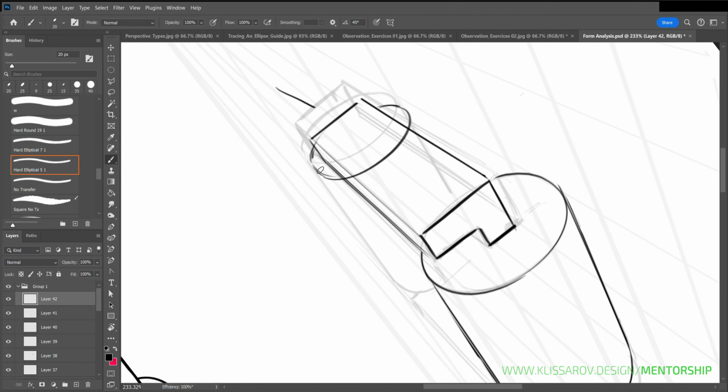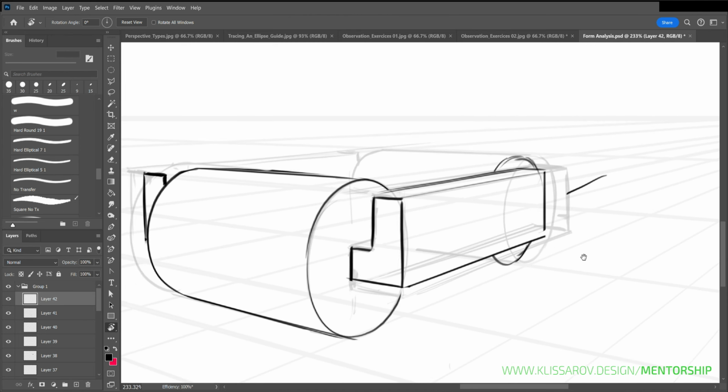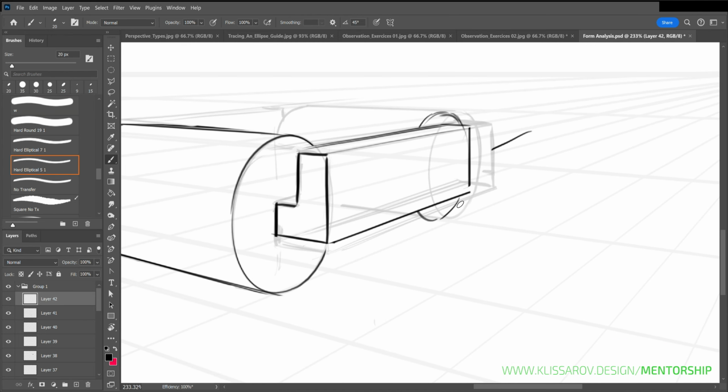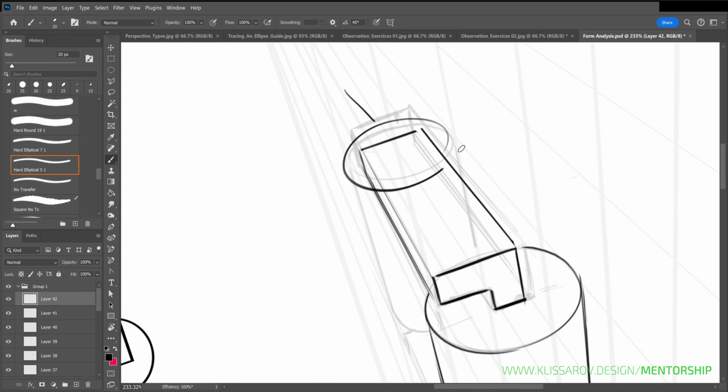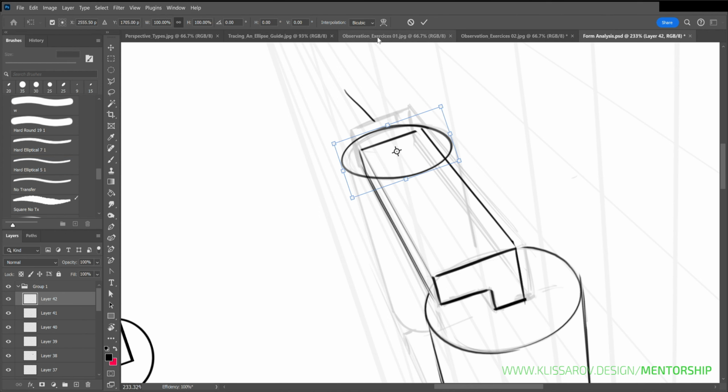But we don't really need to bother that much because we're not going to see that much of it, although it's good that you could do it. I mean, it's good to do it in a good way. What I don't like is tack tack tack tack tack. This is not a nice way to do it. So one of the ways is, as I said, to try to trace it in one shot.